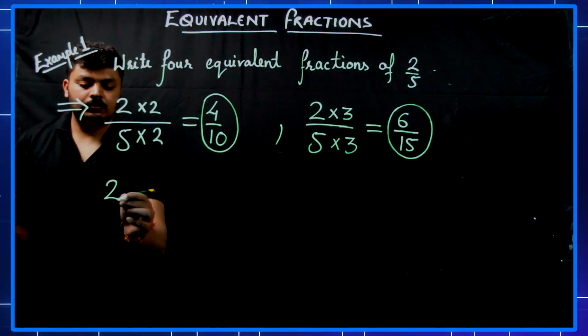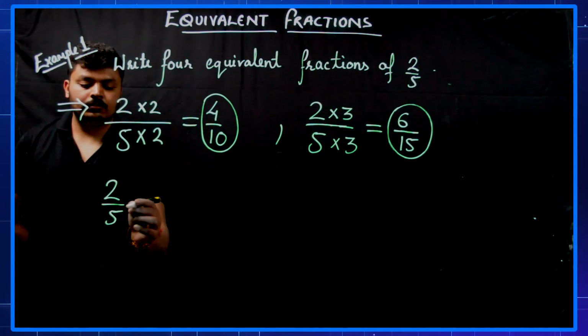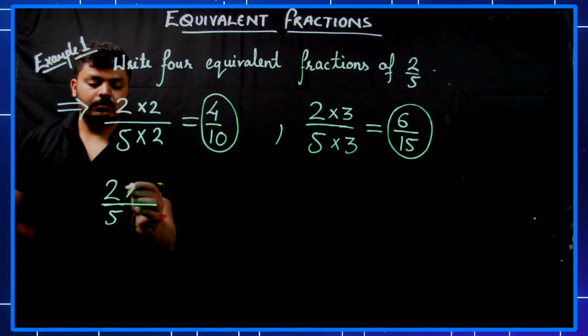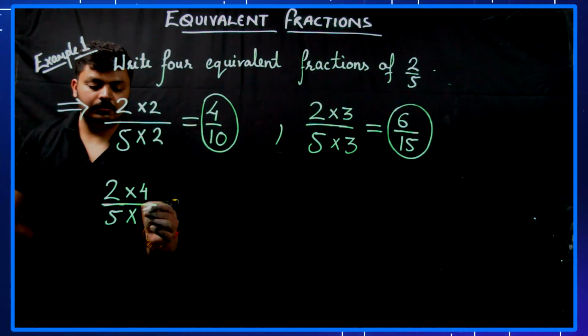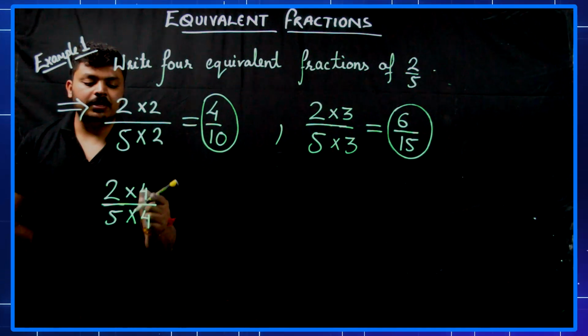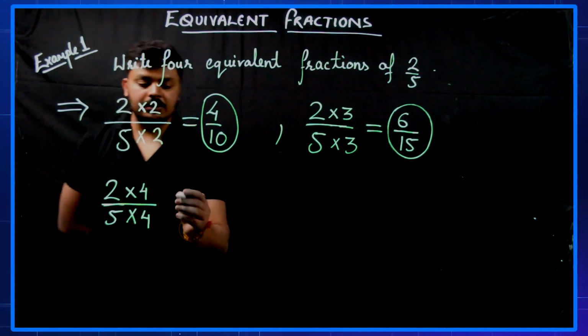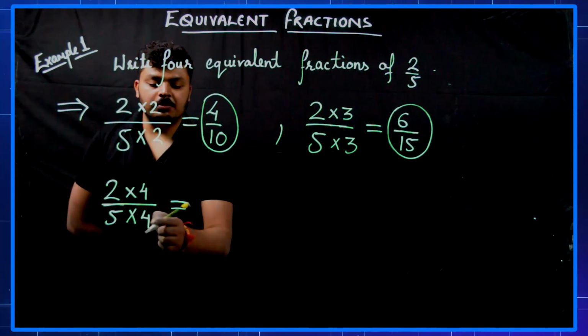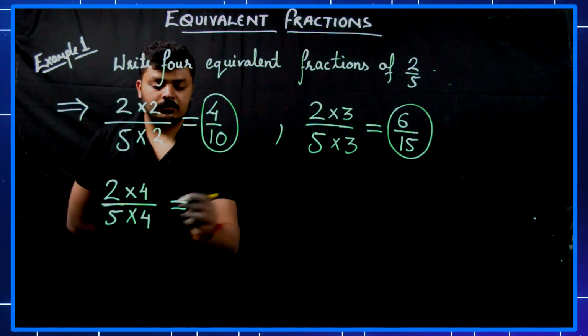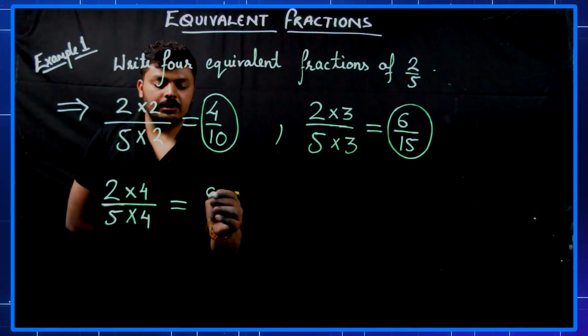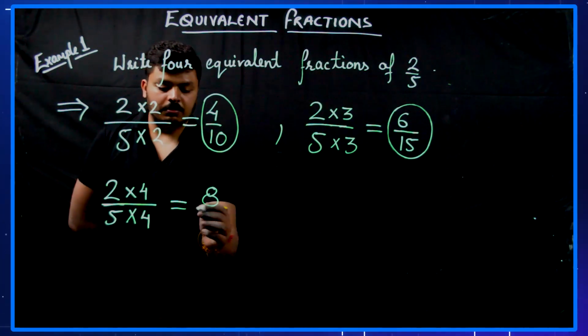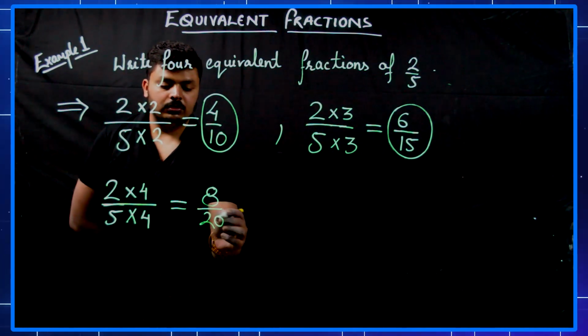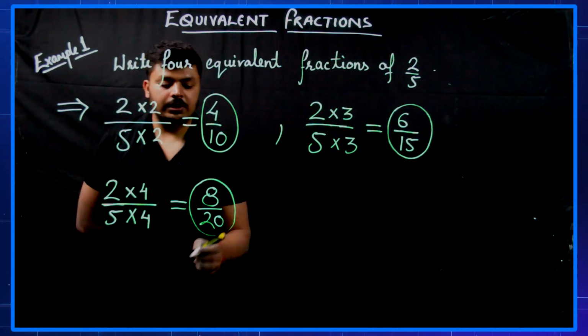Third, multiply by 4 on numerator and denominator. So this number that is to be multiplied should always be the same, and this number can be any positive integer. So you get 4 2s are 8 upon 20.